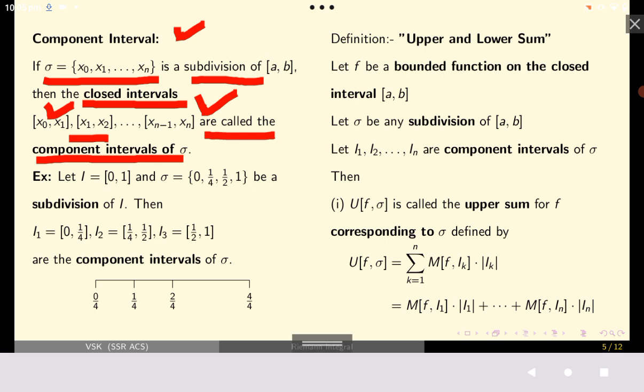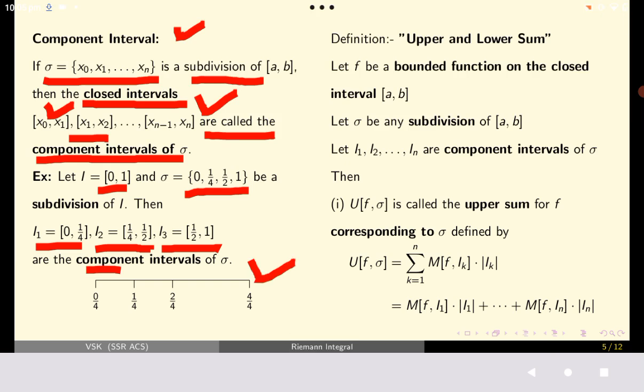For example, let us take 0, 1 by 4, 1 by 2, 1 as the subdivision. Then the component intervals will be I1 is 0 to 1 by 4, then I2 is 1 by 4 to 1 by 2, then I3 is 1 by 2 to 1. You can see with this diagram, these are the component intervals of sigma.